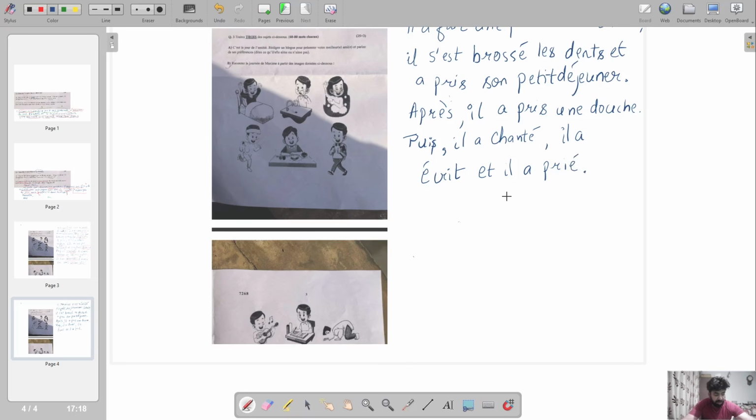Okay, then he prayed. And I'll just say that I missed something: he's going to school. So après, il est allé à l'école. Then I'll just erase from here so that I can add that one. That is quite important, that he went to school also.